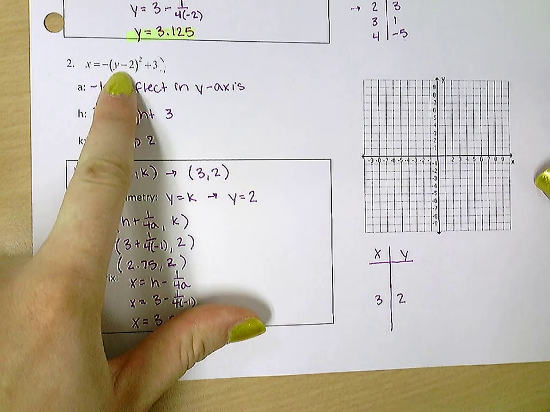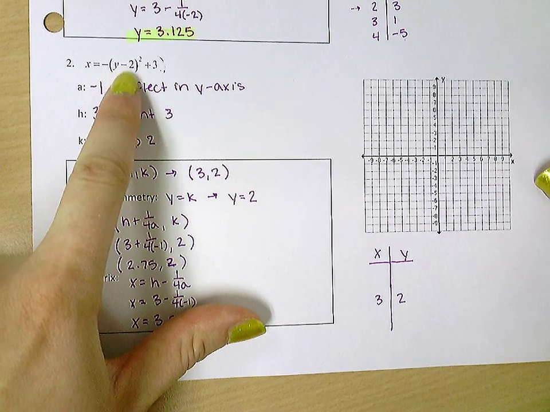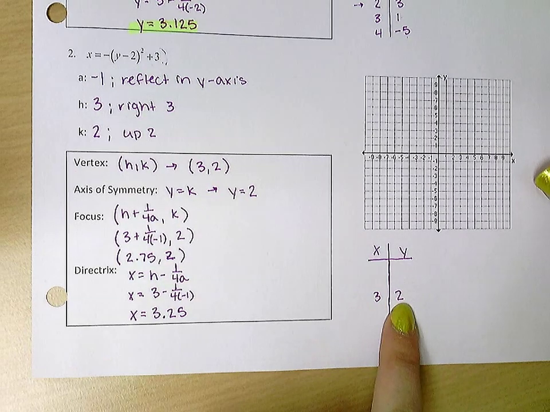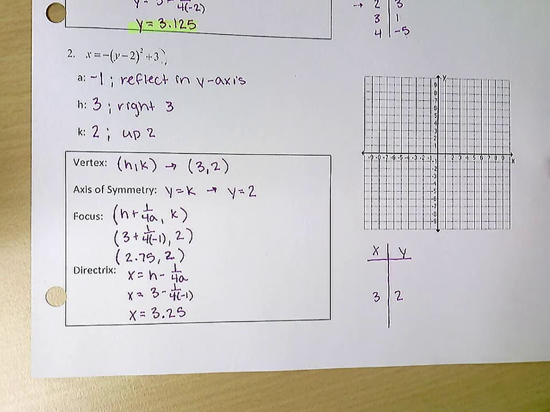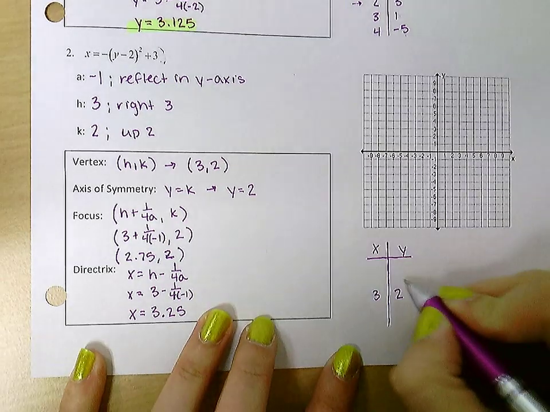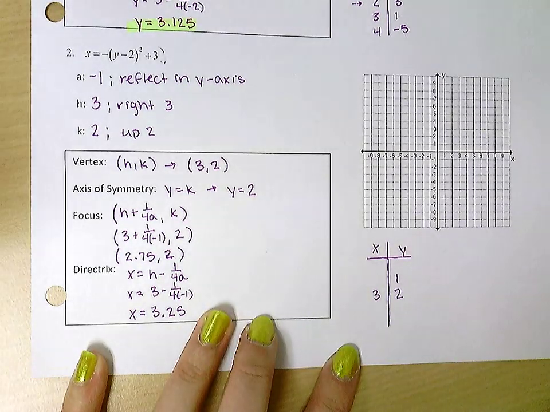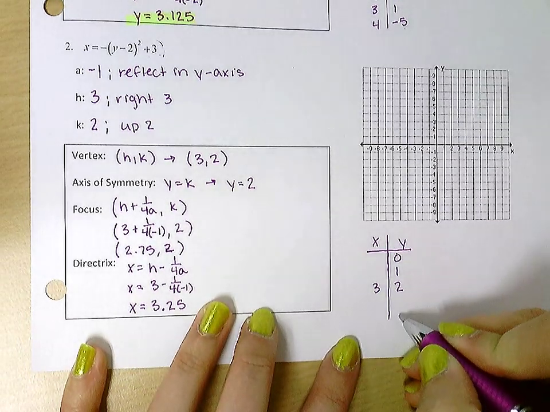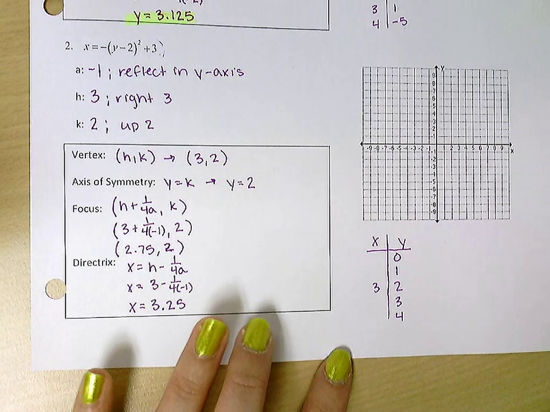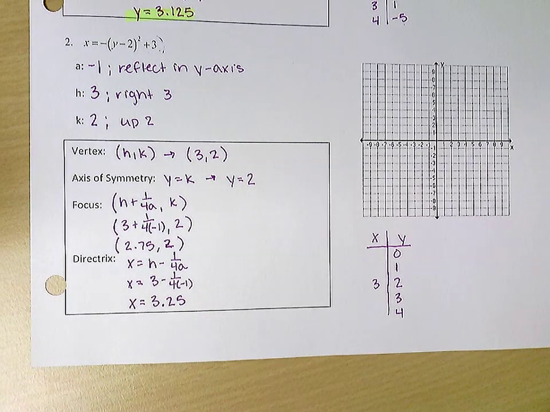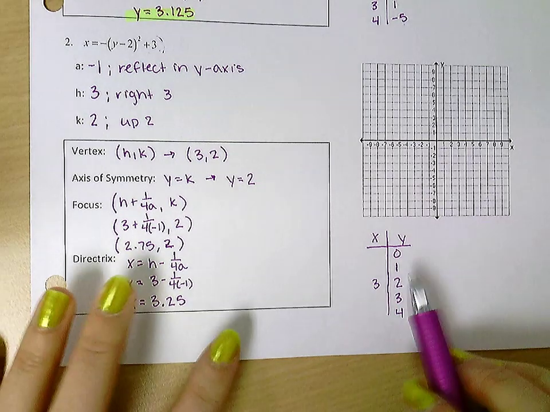I want to choose y values so that I can plug them in over here. So I need y values that surround 2 instead. Less than 2 is 1 and 0, and greater than 2 are 3 and 4.